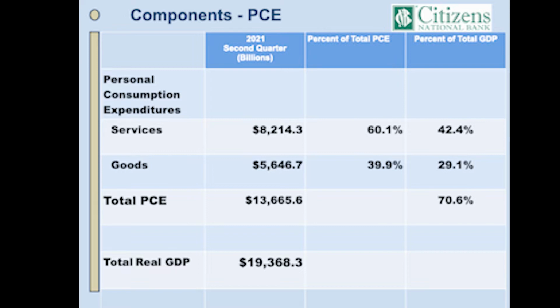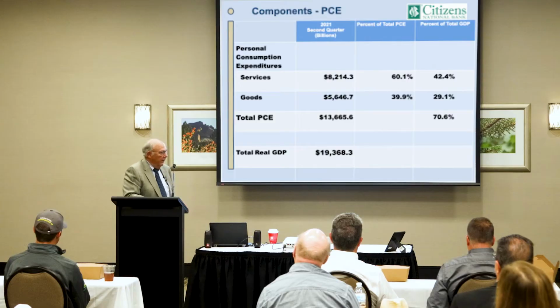And of total GDP, the 70% is broken down 42 and 29. So there's a reason I did this, because we want to see what the impact has been in the last year to each of these categories, services and goods, that have occurred.